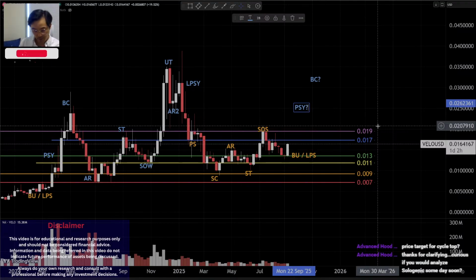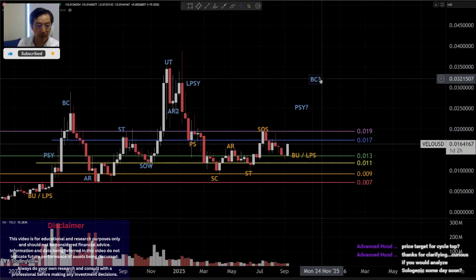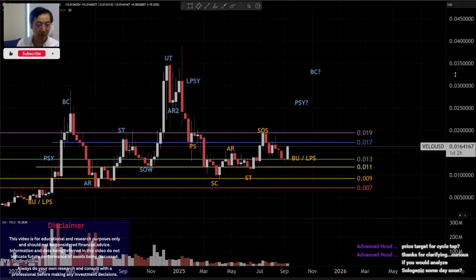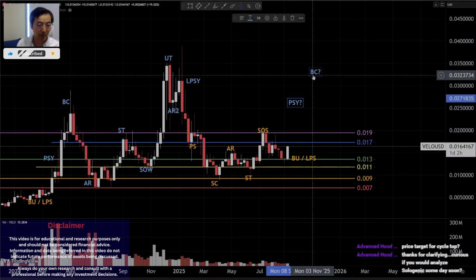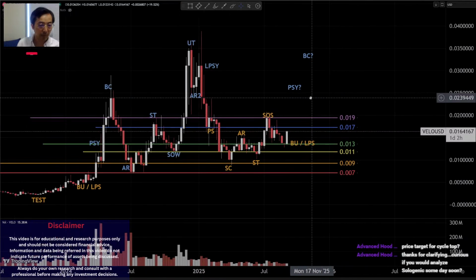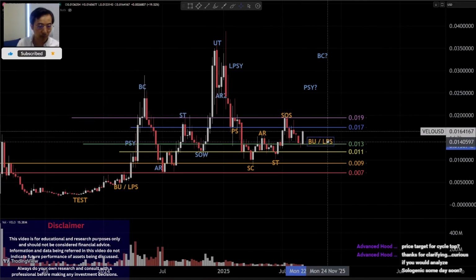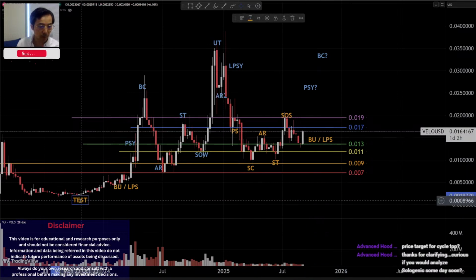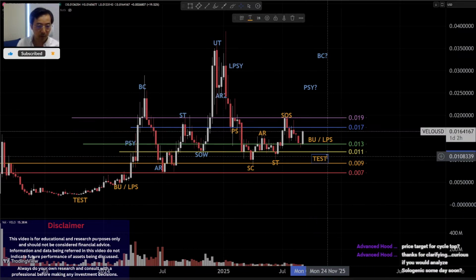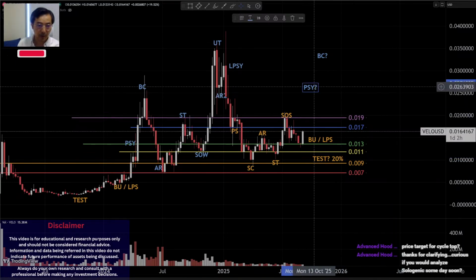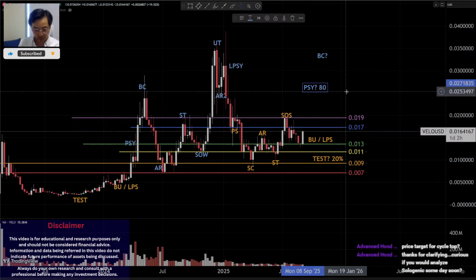If it happens before our next session of Velo, it's fine when we come back and see the price climb to this level. Just to make one more tag over here. My assumption is this is probably a 20% chance, while this is more 80%.